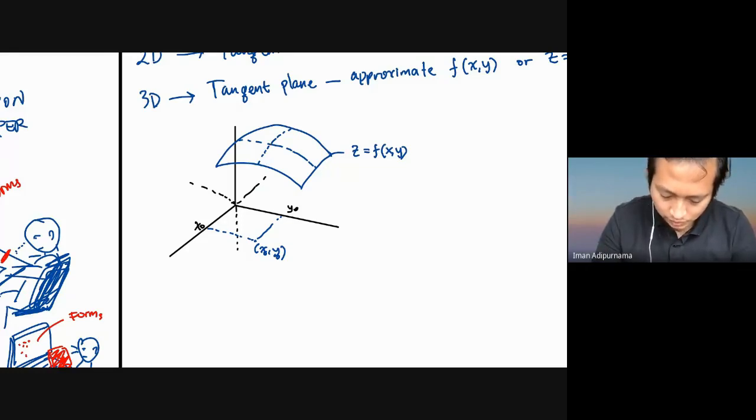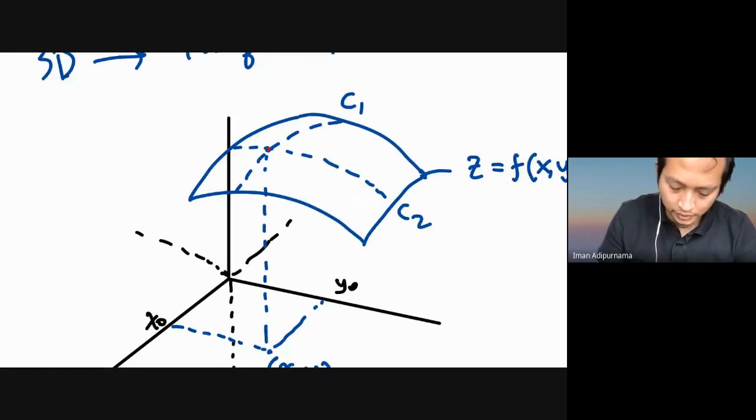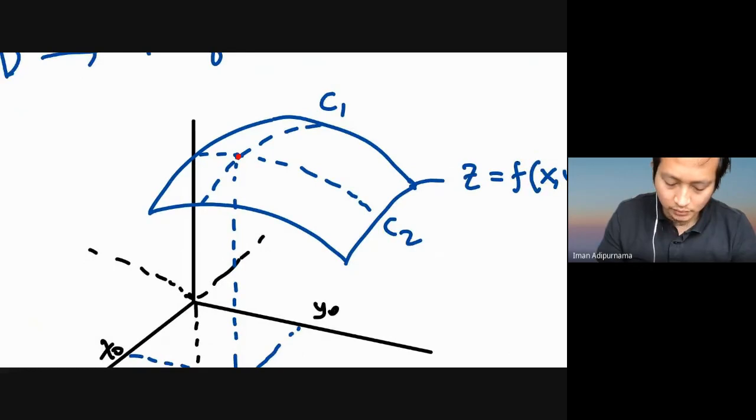It was supposed to be the same coordinate as this one. Let's say that is the point, and this is C1, C2. Now at this exact point here, with respect to this C1, I have this line.